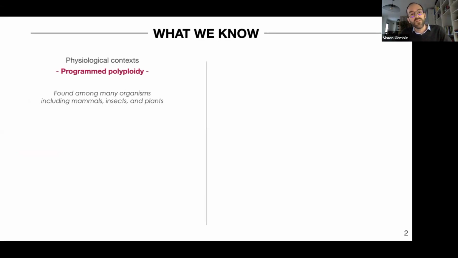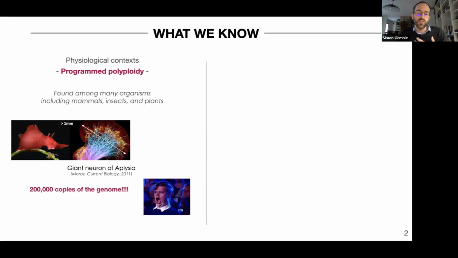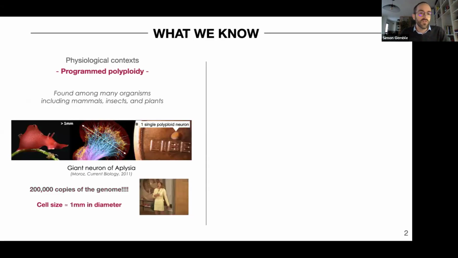And among these different examples is the giant neuron of Aplysia over here that becomes polyploid to become huge in order to innervate a large portion of the body. And when I say huge, it's really huge because it can accumulate 200,000 copies of the genome. And it's actually so huge that you can see one single polyploid neuron over here on a coin without any microscope because the cell size is about 1 millimeter in diameter.